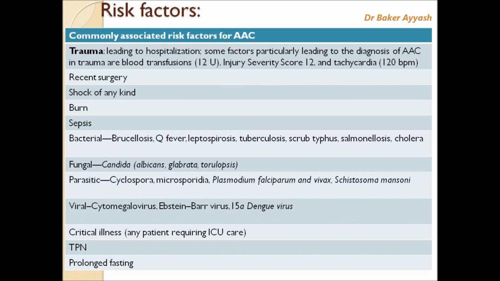Recent surgery, intra-abdominal surgery or extra-abdominal surgery including cardiothoracic surgeries, shock of any kind, burns, sepsis and infection, bacterial, fungal, or viral, critically ill patients, any patient requiring ICU care, TPN use, typically more than 3 months, and prolonged fasting.